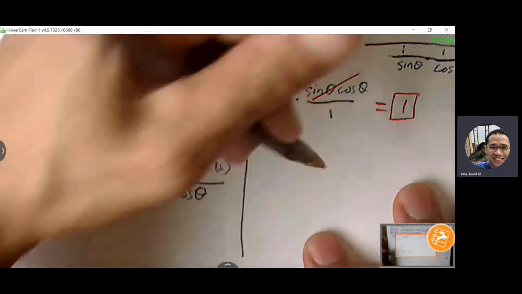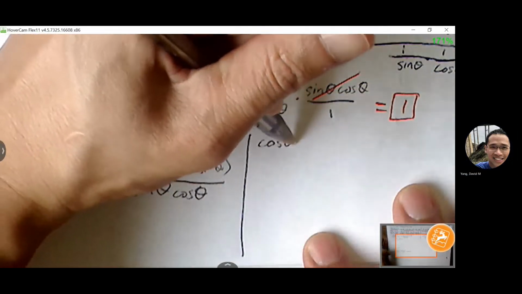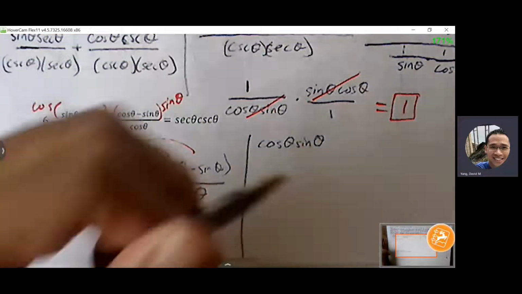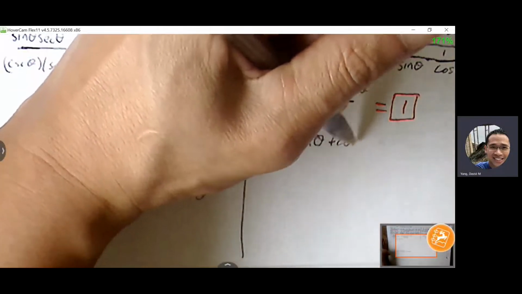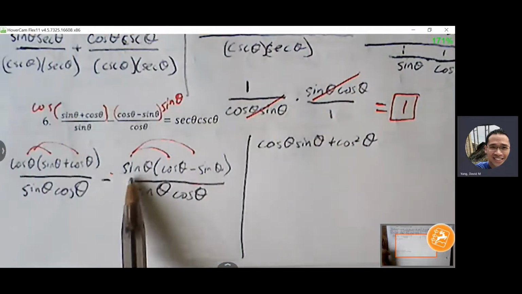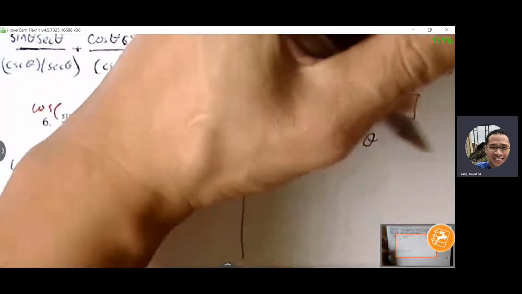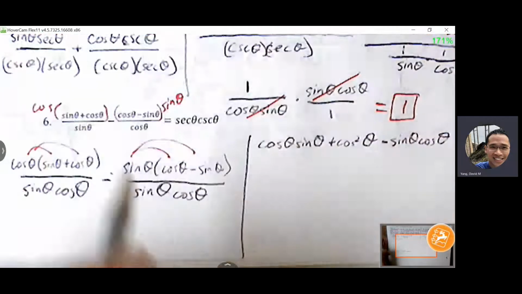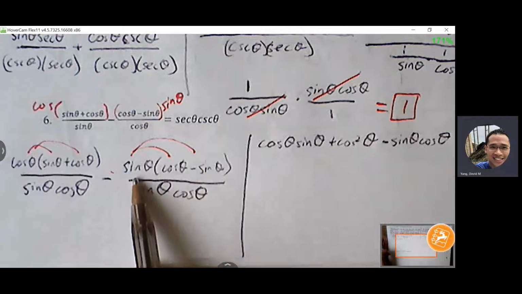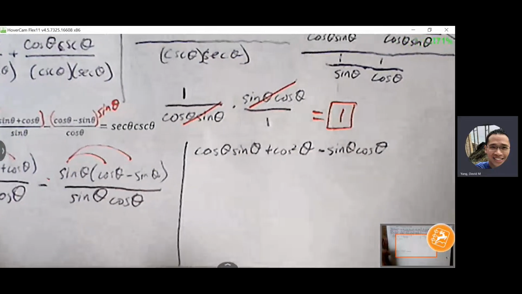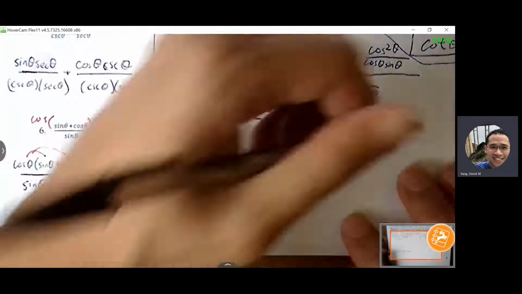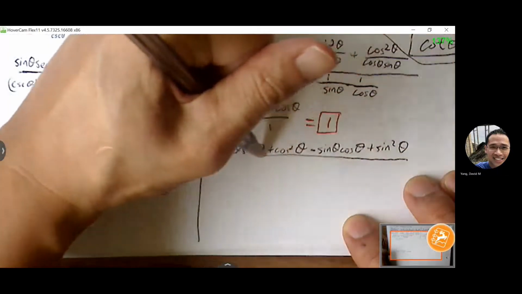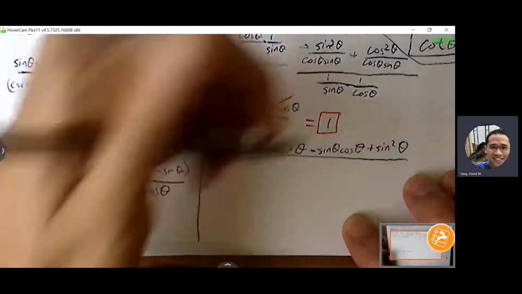So cosine times sine, plus cosine squared, minus sine cosine, plus sine squared. Negative sine times negative sine is positive sine squared. All over sine cosine.